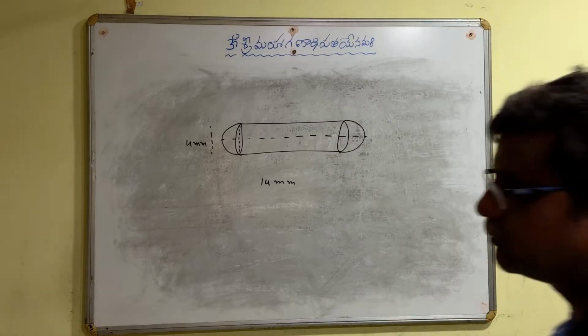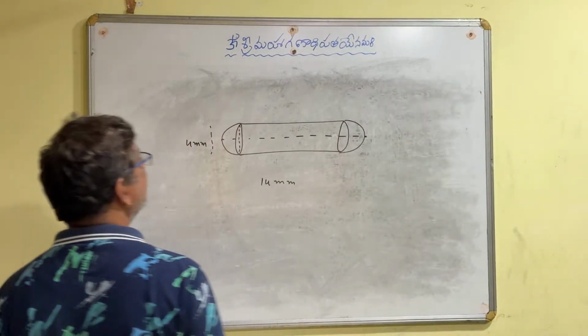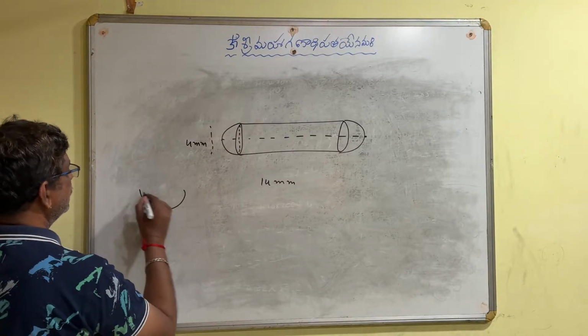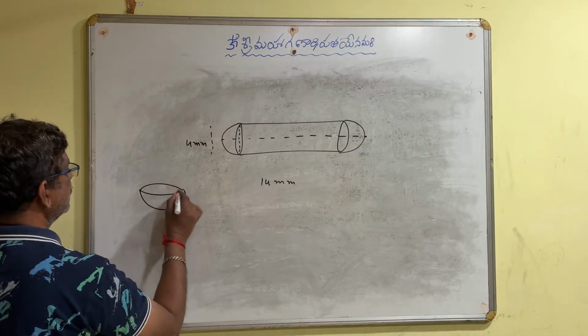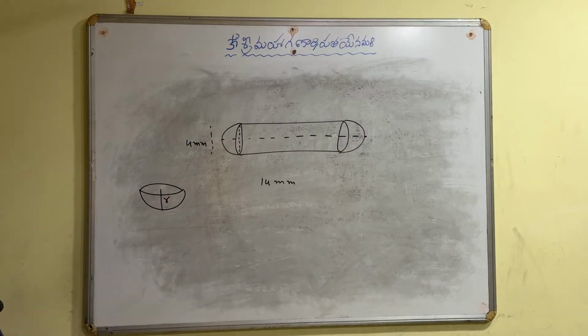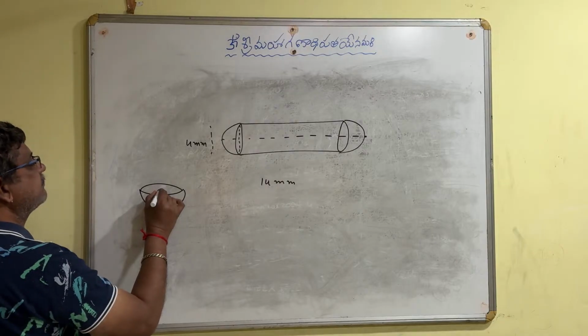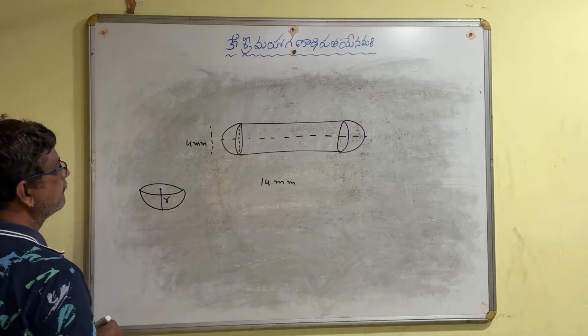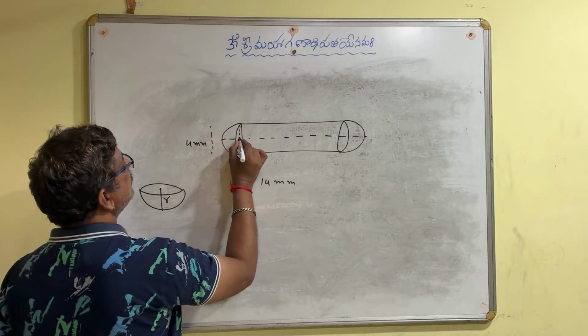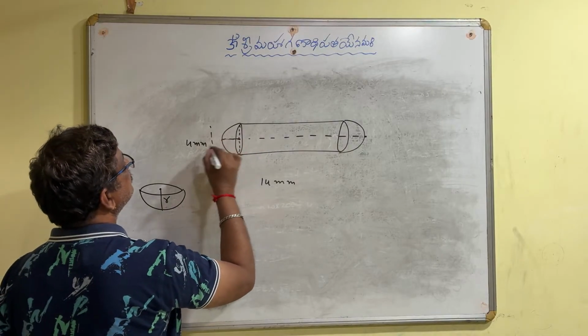Before going to do the problem, we need to understand that this is the center of the hemisphere here, and this is the radius.